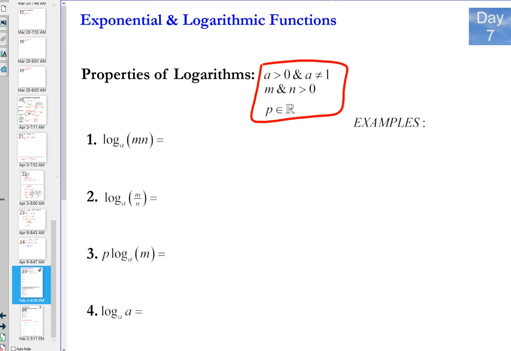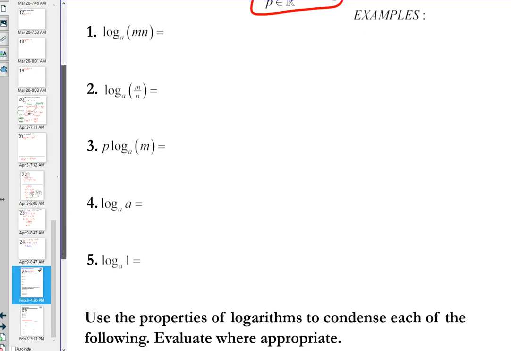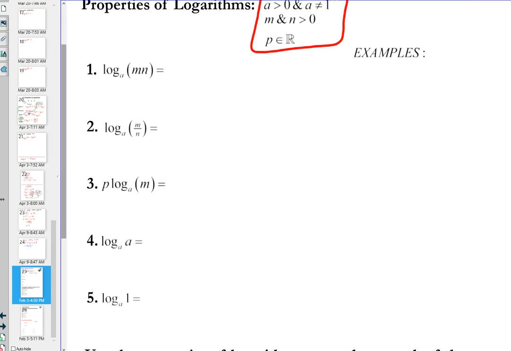Anywhere you see an A, it has to be greater than 0 but not 1. Anywhere that you see an M or an N, those have to be greater than 0, which means positive numbers. And anywhere you see a P, it just has to be a real number. That just takes away counterexamples.